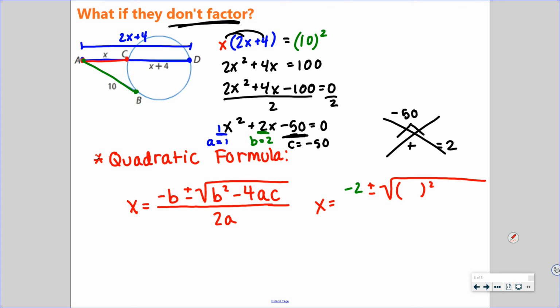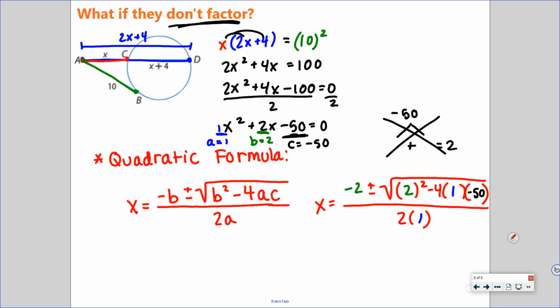So when I plug in b, I want to use parentheses. 2 squared minus 4 times a times c. A is 1, c is negative 50. All over 2, a is 1. All right, now you just use your calculator. Now it's just plug and chug from here. You plug the numbers in, you crunch that number, and those are your answers.